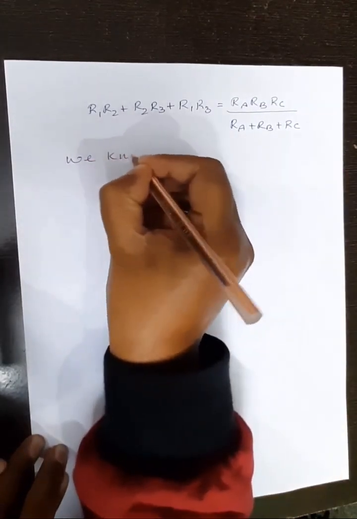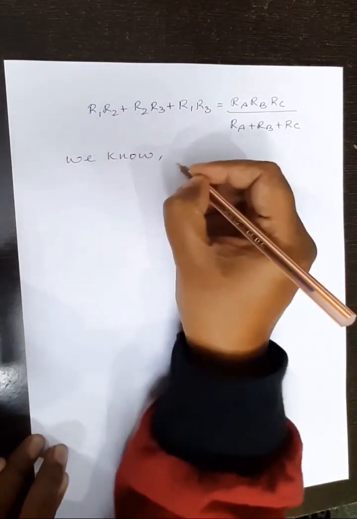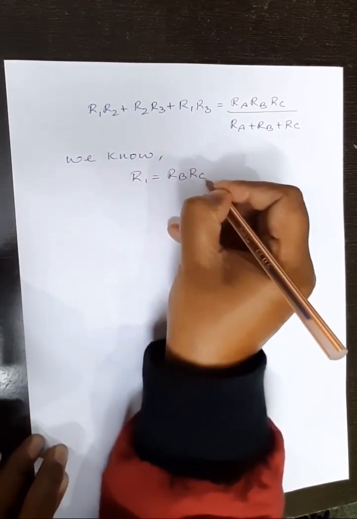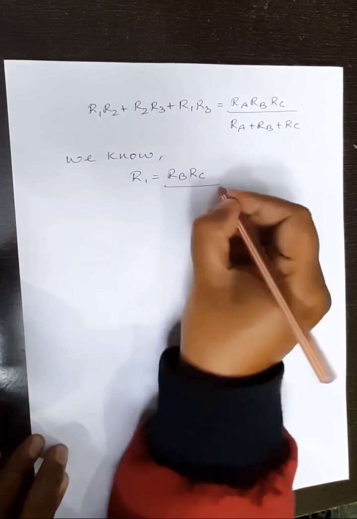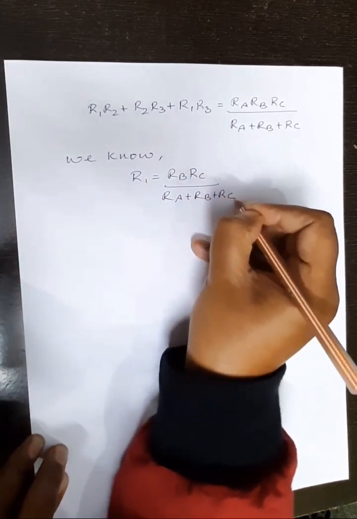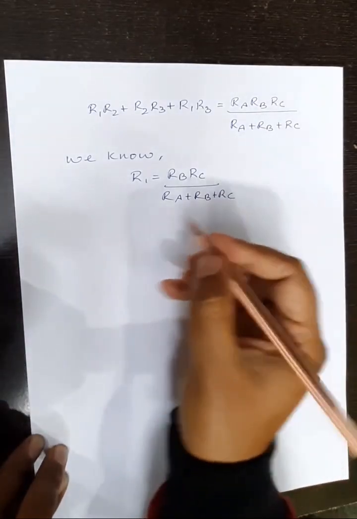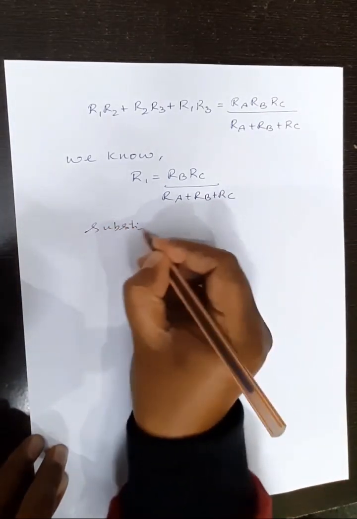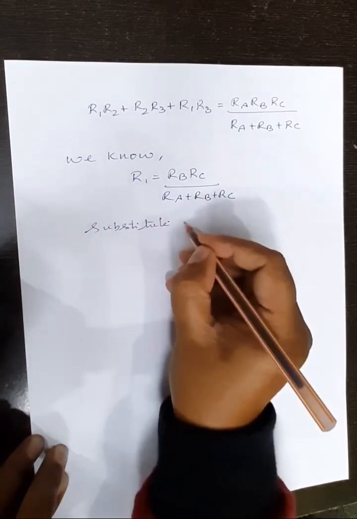We know R1 is equal to RB into RC divided by RA plus RB plus RC. Substitute for R1 now.